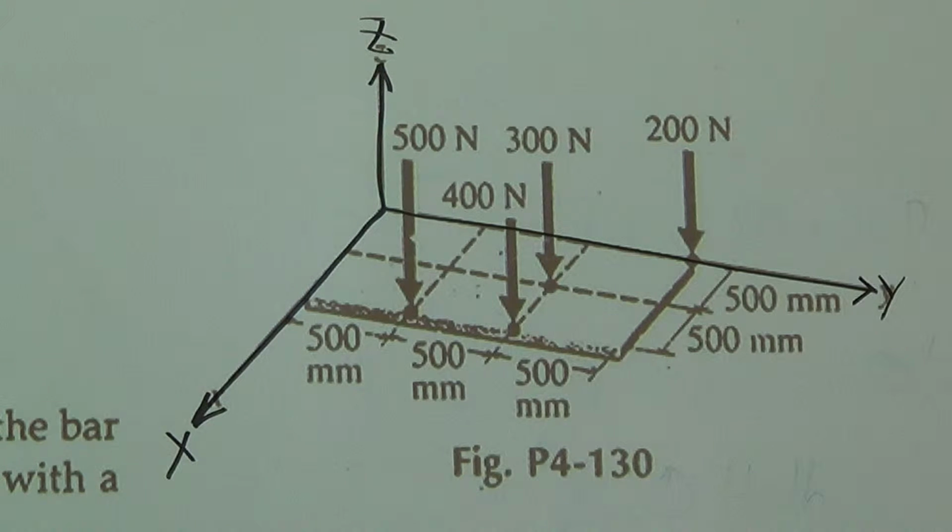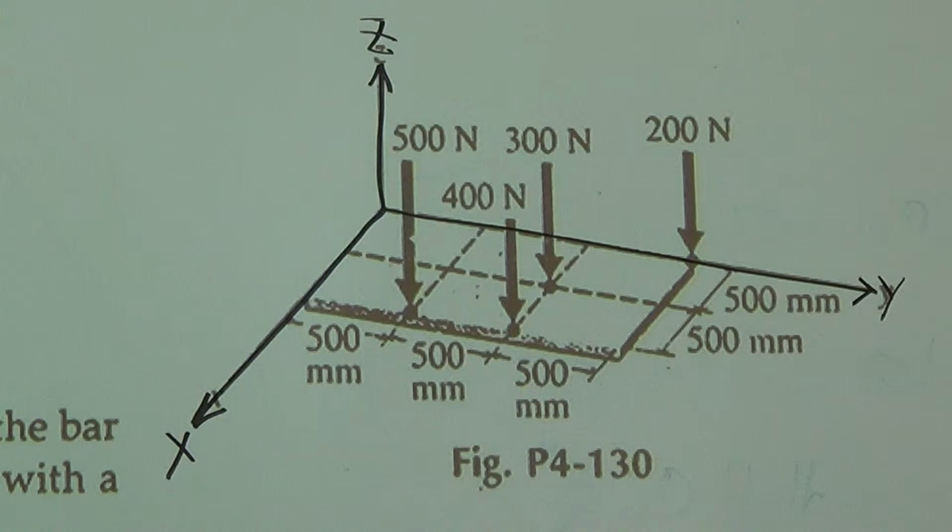So what's the resultant force? Negative 1400. Right, so 1,400 down. And does it create a negative or a positive moment about x? Negative moment about x, and how about y? Positive. And we're doing a force location problem, right?